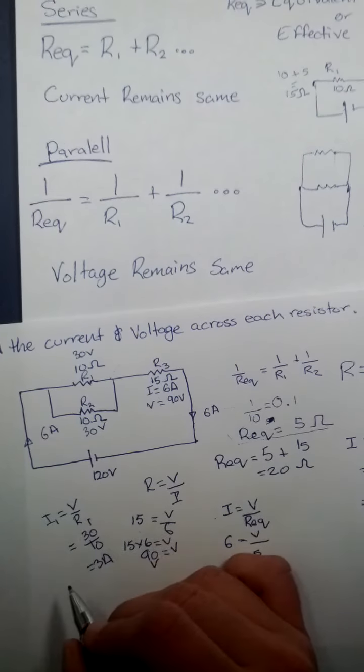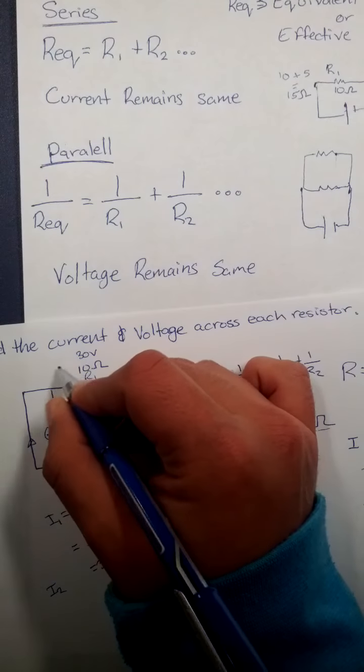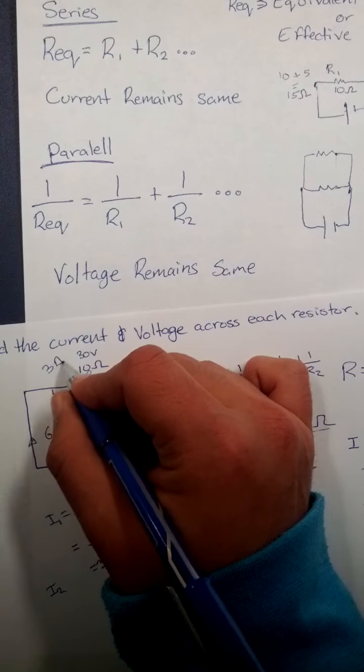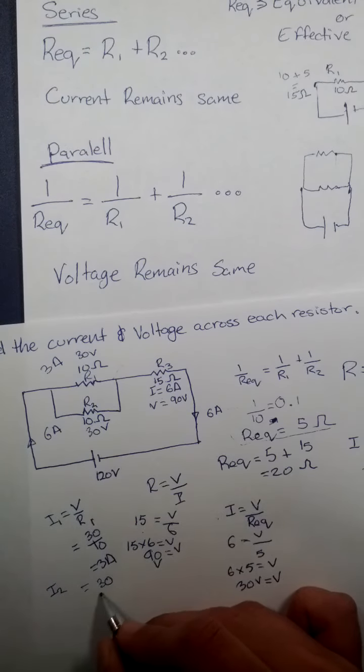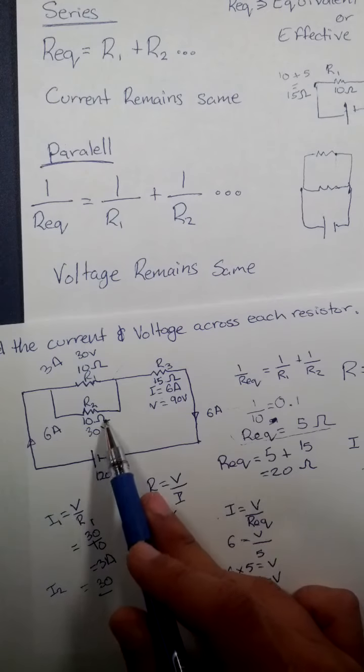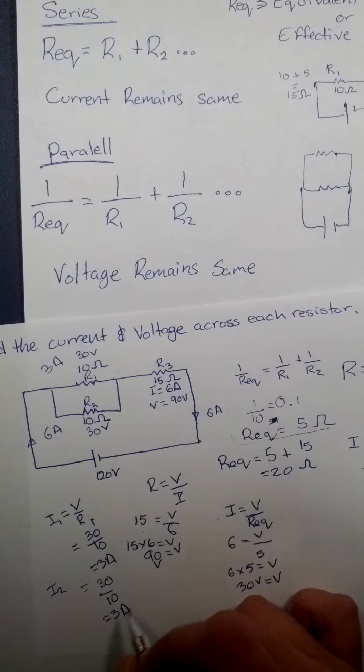And I2, okay, let me write that down here, 3 amps. And I2 would be 30 because the voltage always stays the same. And in this case, the resistance is also 10, so 3 amps.